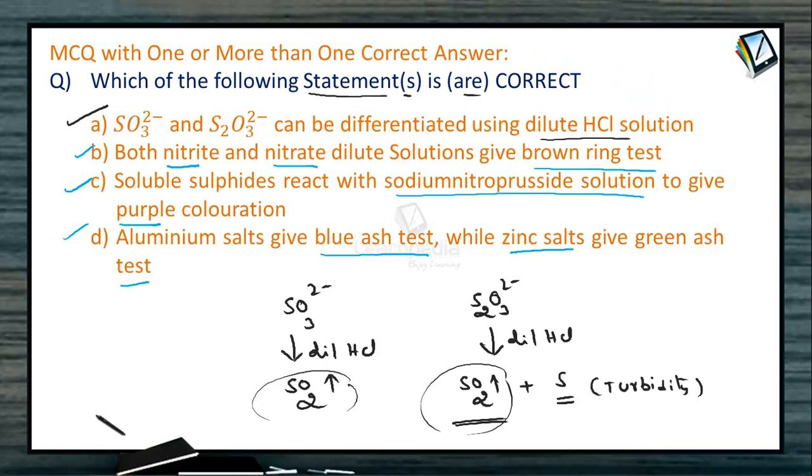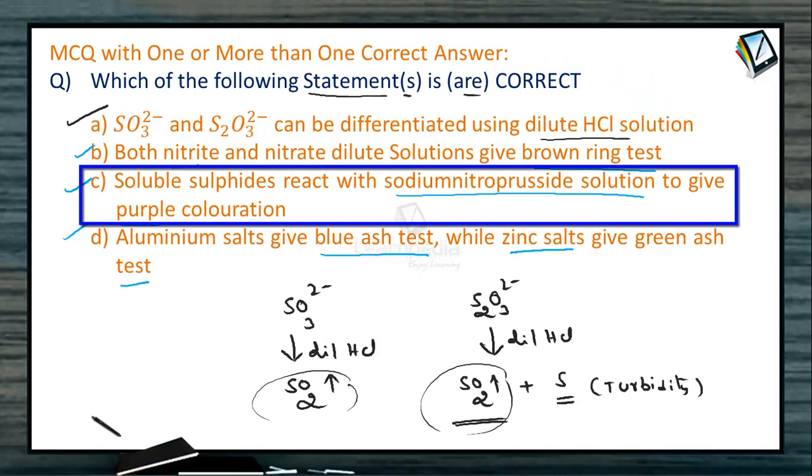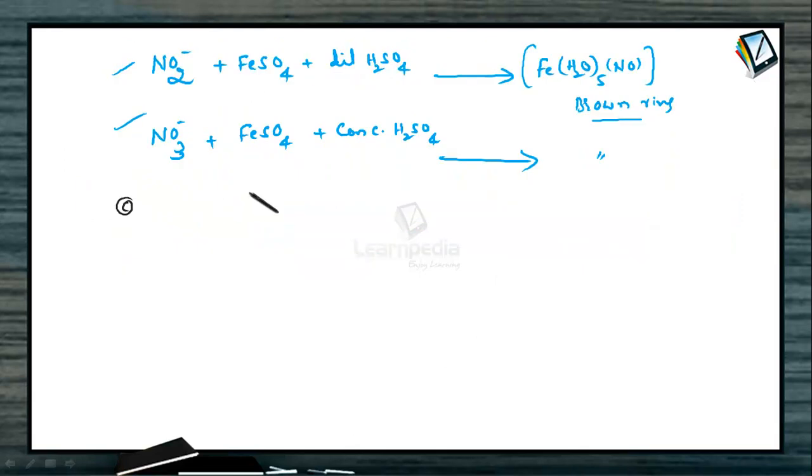And when you go to option C, soluble sulfides react with sodium nitroprusside solution. For C, soluble sulfides means sulfide in solution. Let us take an example of Na2S.